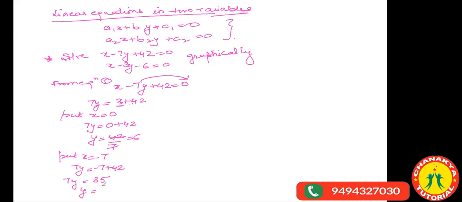Then the value of y will be 35 by 7, so it will be 5 only. Now make a table, beta. This is your x, this is your y. When x is 0, the value of y was 6. And when x is minus 7, the value of y is 5. Sorry, minus 7 I have to write here.